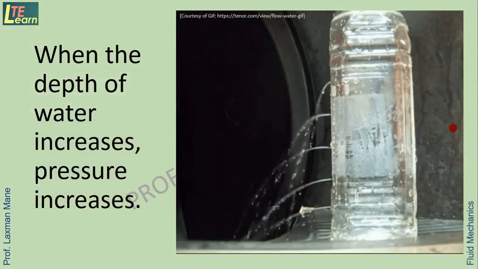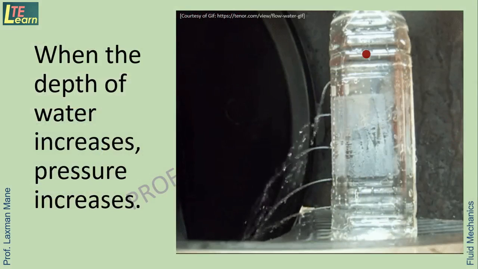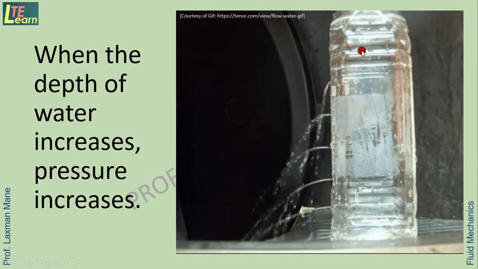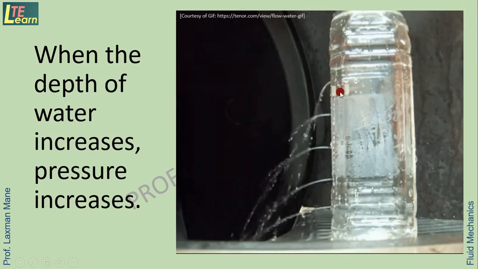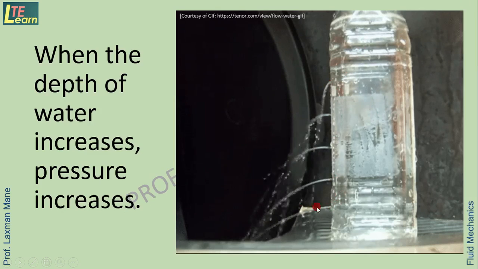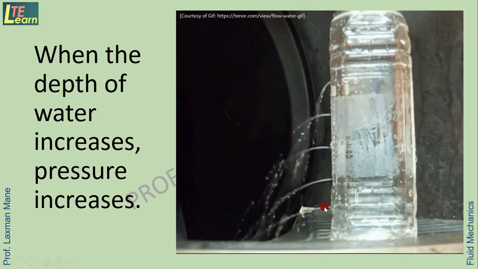Now here is a demonstration. By this you can understand. Here we see a container filled with water, punctured at various locations, so the water is falling. We see that the rate of falling of water at the bottom hole is higher.